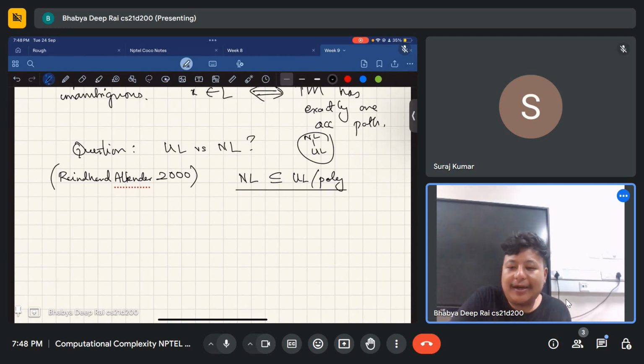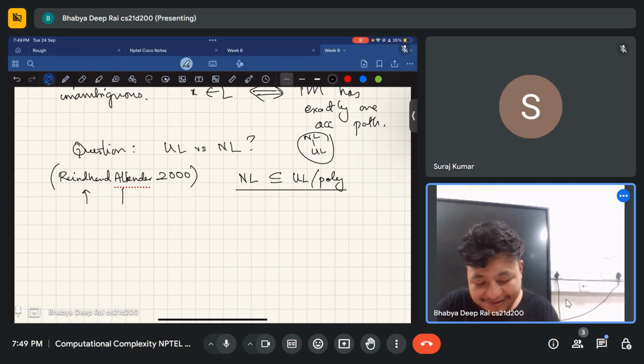Also, a quick interesting thing is that usually in theoretical computer science, and especially in complexity theory, if you notice the authors, the order in which the authors' names are put is always alphabetical.